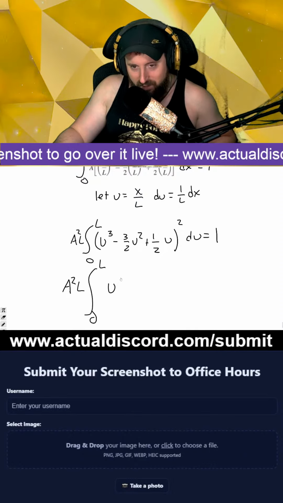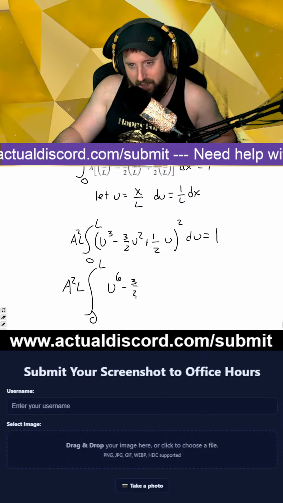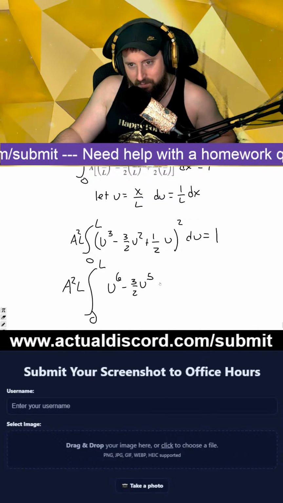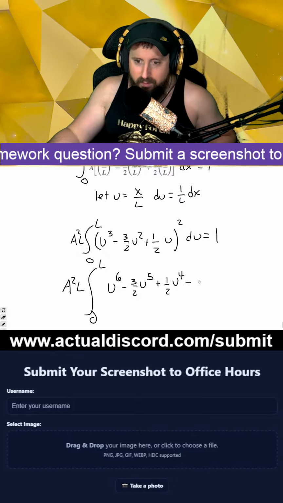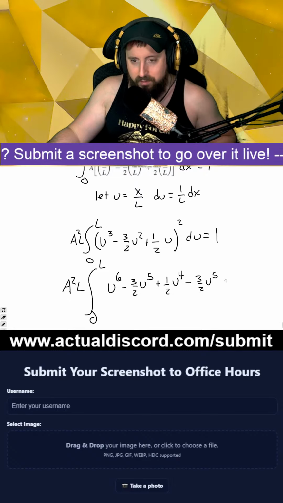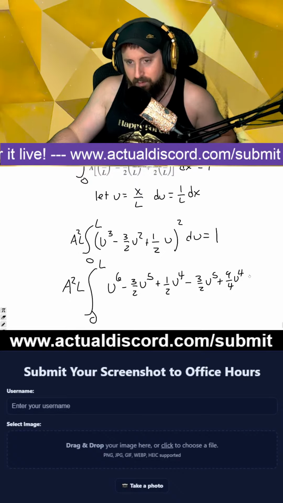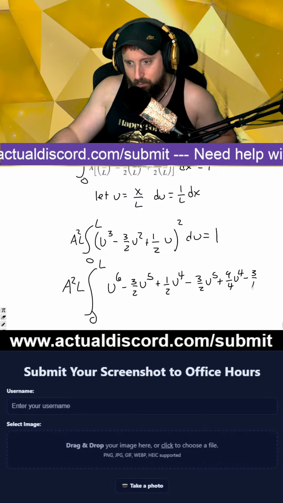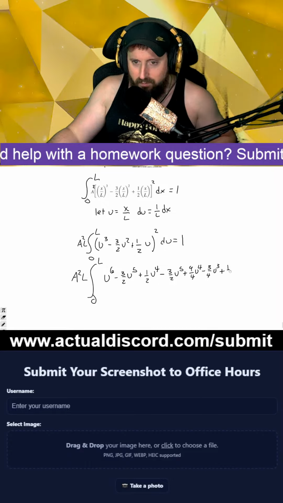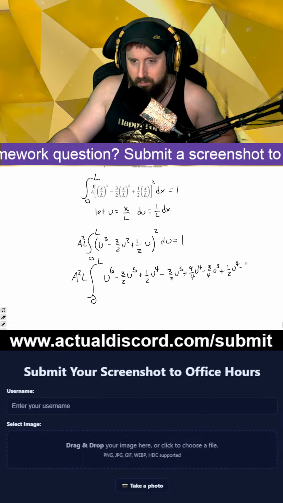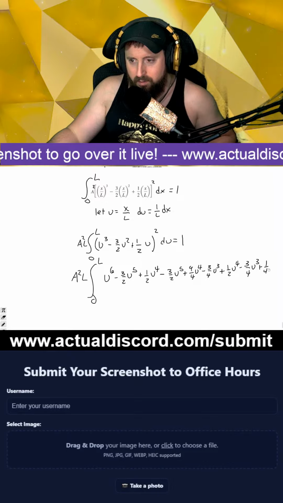Integral from 0 to L. This is going to be u to the 6th minus 3/2 u to the 5th plus 1/2 u to the 4th minus 3/2 u to the 5th plus 9/4 u to the 4th minus 3/4 u cubed plus 1/2 u to the 4th minus 3/4 u to the 3rd plus 1/4 u squared.